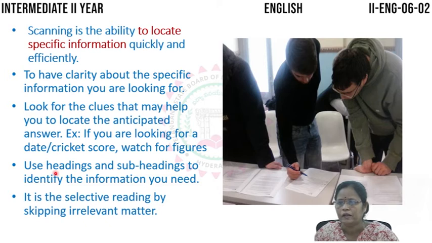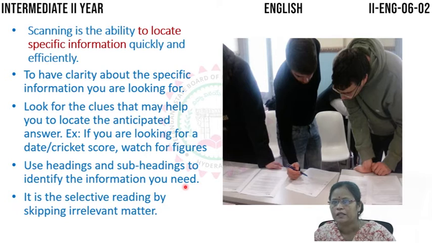Okay. Then you have to use headings and subheadings to identify the information you need. And afterwards, scanning also includes the headings and subheadings. In which subheading or in which heading the information which we are looking for is available, that you should be able to assess.